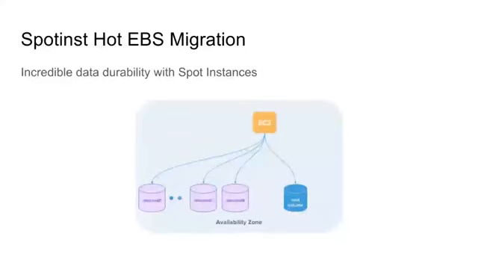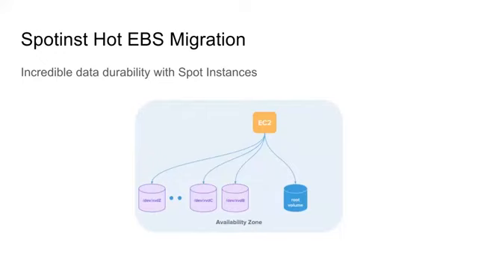In addition to this service, we actually have some additional functionality that you'll see during the demo. And one of these features is called Hot EBS Migration. What we're doing with Hot EBS Migration is you can allocate a pool of EBS volumes that will automatically and dynamically attach and detach to instances. So let's say, again, in this particular case, I have 3 instances in this Elastigroup cluster.